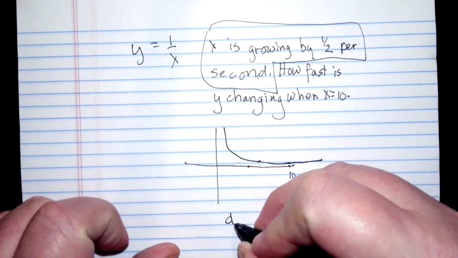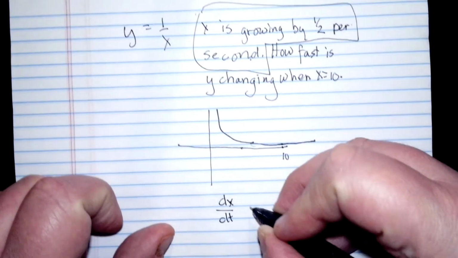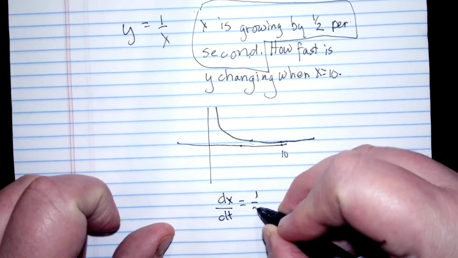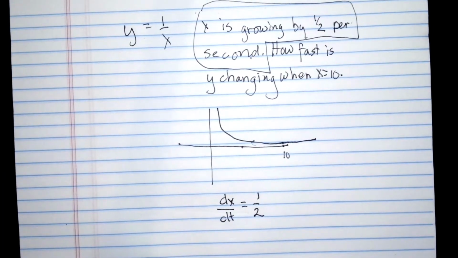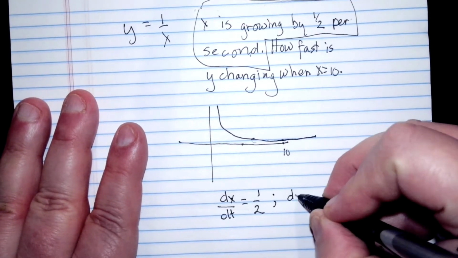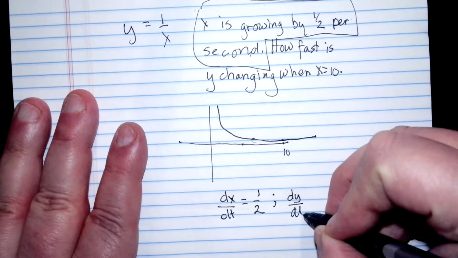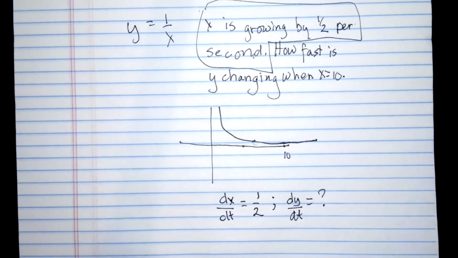And so we'll say dx over dt, the derivative of x with respect to t, is equal to 1/2. We don't have to worry about units, at least not in this example. And then we want to know how fast y is changing. So dy over dt is how much? That's what we're asked.